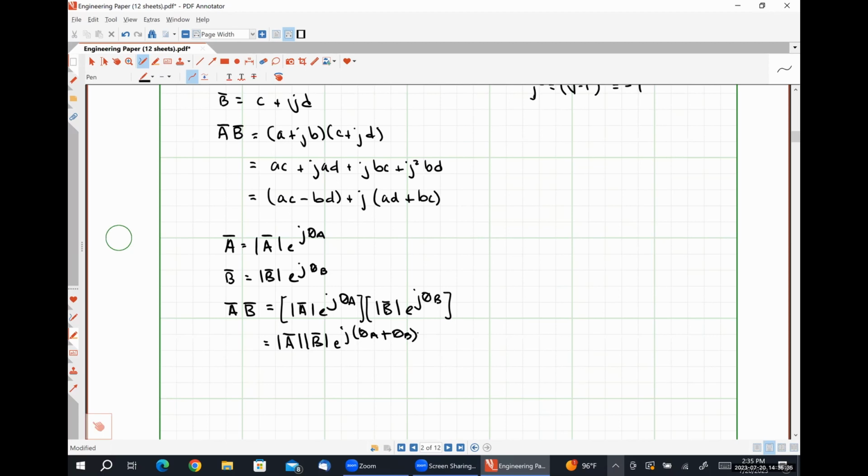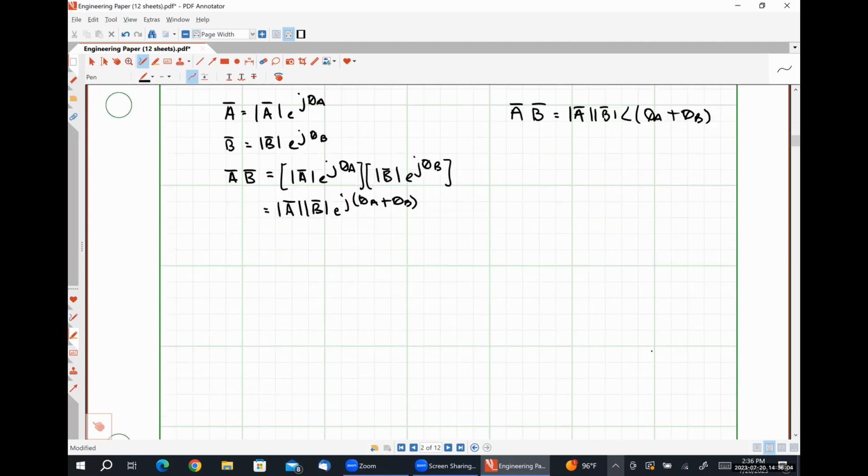So multiplication using exponential form complex numbers is fairly straightforward. And then using polar form, A times B is just going to look like the magnitude of A times the magnitude of B with an angle of theta A plus theta B.